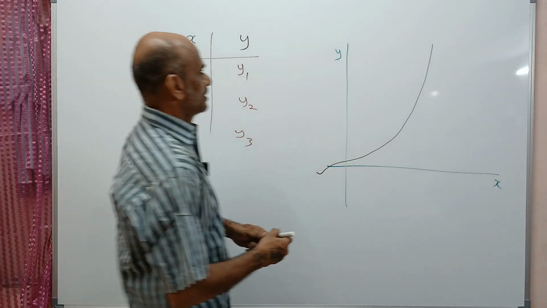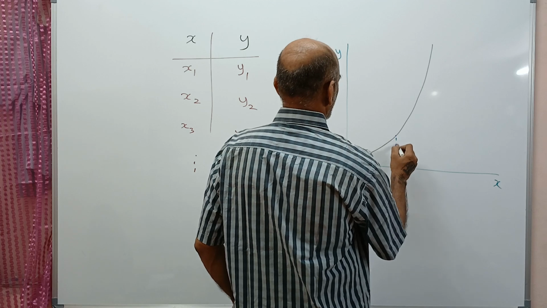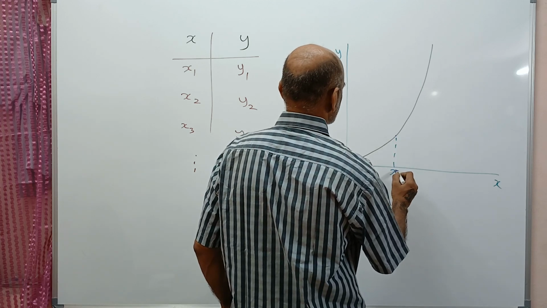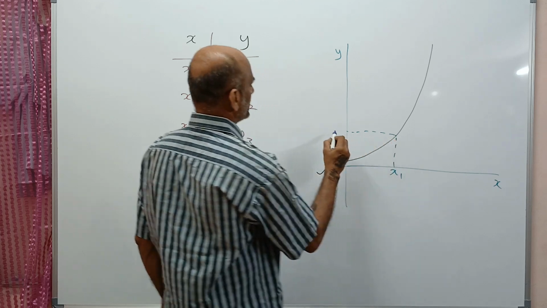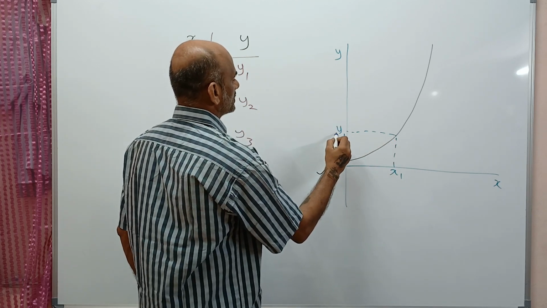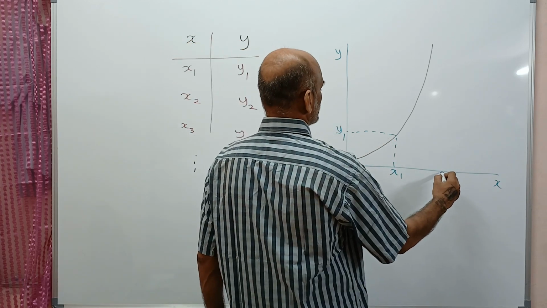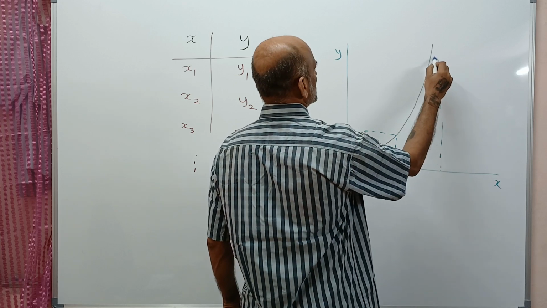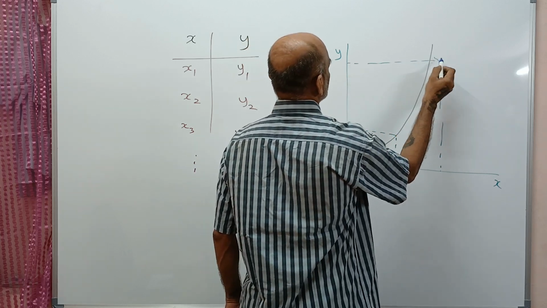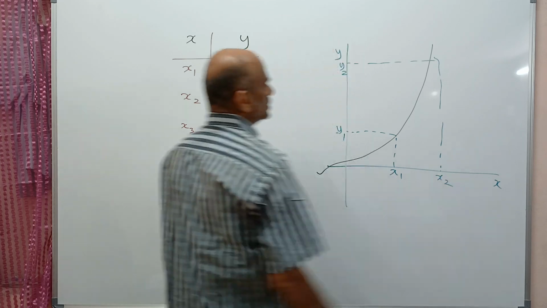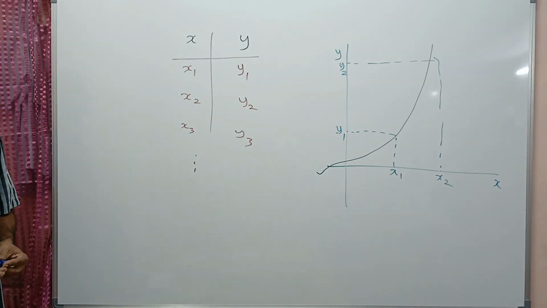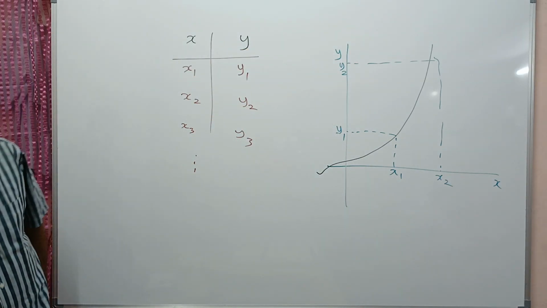So here, if value of x is given, say x1, we can find the corresponding value of y, y1. Some other value of x, say x2, and the corresponding value of y, we can find out. So this is another way of describing the relationship between two variables.